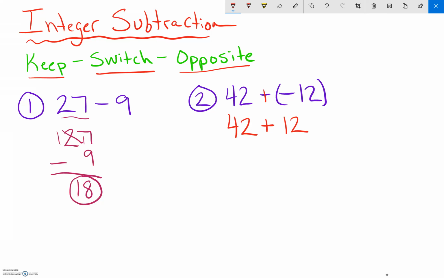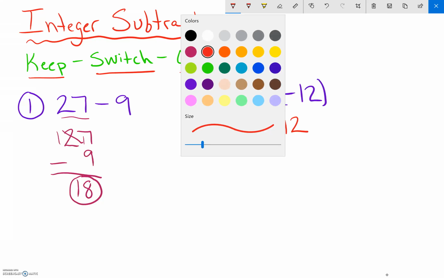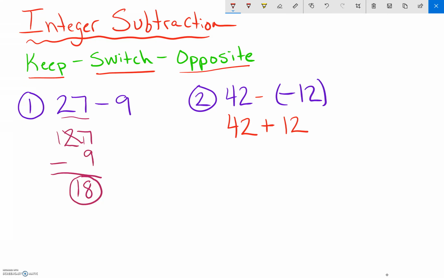So the original problem, let me put it back like it was because I made it look like a plus sign. It was 42 minus negative 12. So we kept the 42. We switched the subtraction to addition, and we took the opposite of negative 12 and made it 12. So then you just solve the problem like normal. What you really have done is turn the subtraction problem into an addition problem.